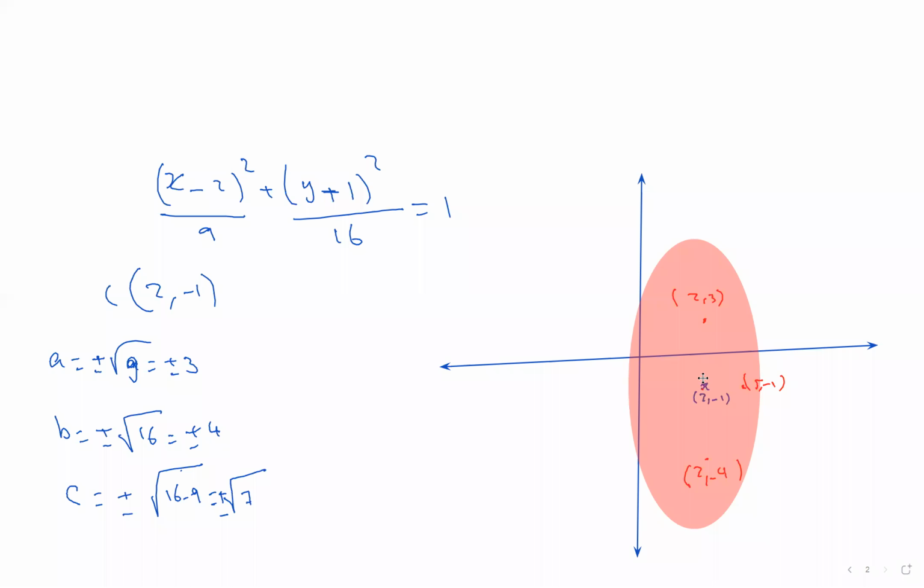So the points will be here. It's (2, −1), and this is (−1, −1), and this point will be (5, −1), because a is 3.